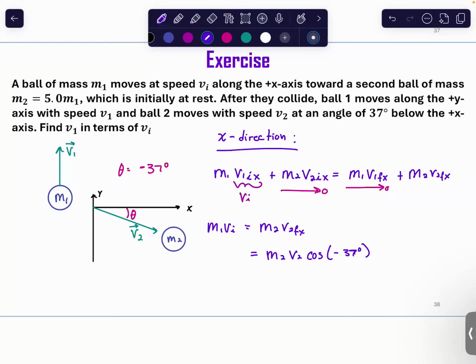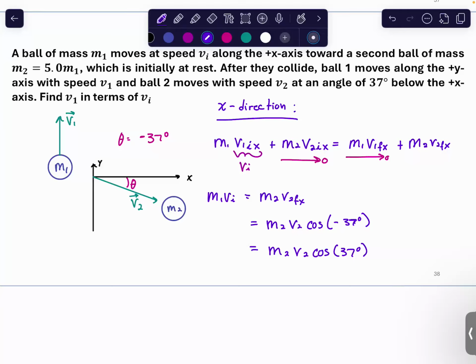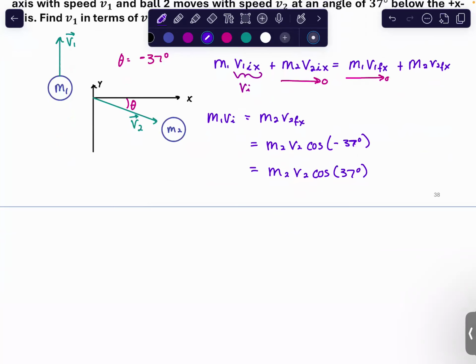And so now we're using a trigonometric identity that the cosine of a negative angle is just the cosine of the angle. You can look this up in tables of trigonometric identities, but we're going to make use of that. And now we also make use of the fact that m2 is 5 times mass 1.